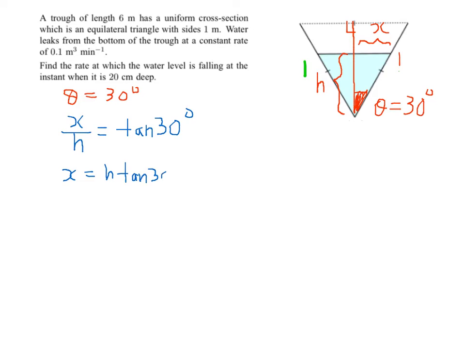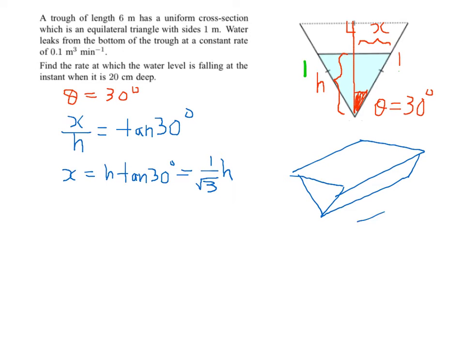Now tangent 30 degrees is a special angle, and you have 1 over square root of 3 times h. Now the trough will look something like this, in this shape in 3D. So the length is 6 meters or 600 cm. Remember, we're going to do everything in cm.